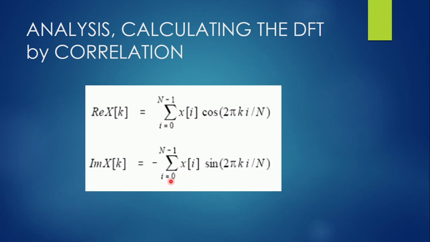Similarly, in the imaginary part, you multiply it by the sine, point to point. That signal is multiplied by that particular sine wave and summed up from all the points 0 to n minus 1. This is for a particular value of the k. You change k from 0, 1, 2, 3 up to n. Similarly 0, 1, 2, 3 up to n.